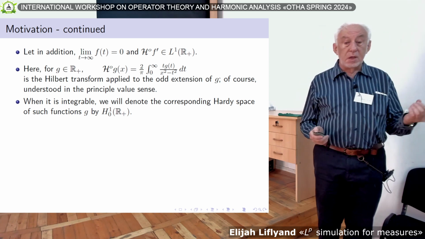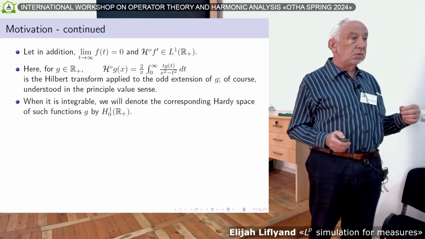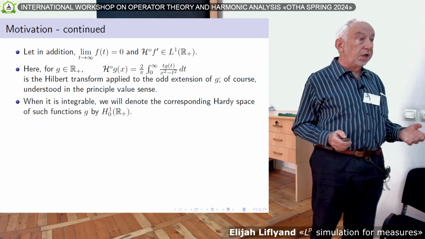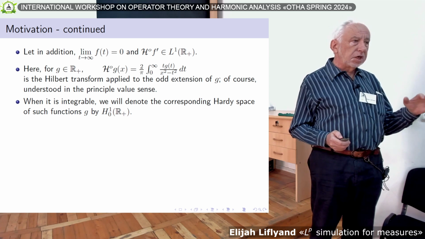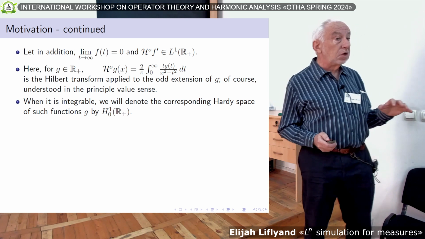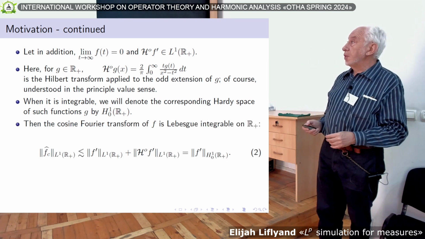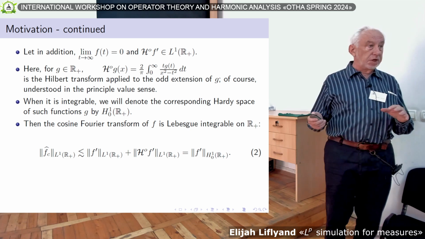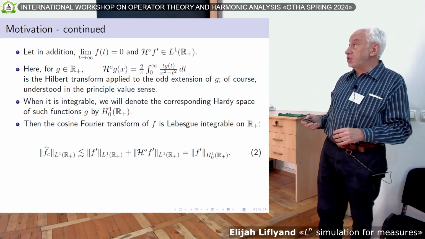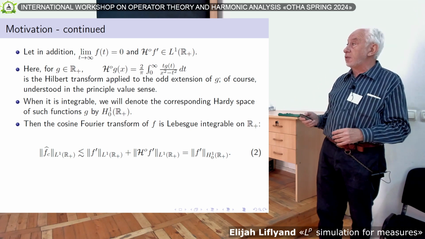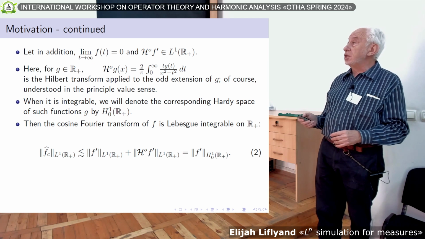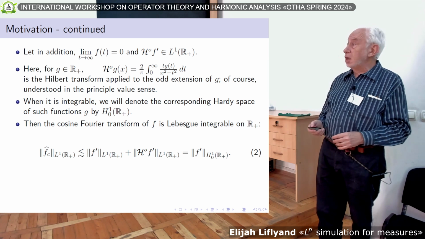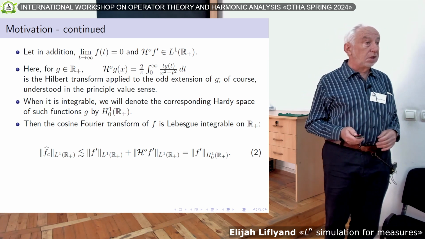And if the Hilbert transform is integrable, we say that we have a real Hardy space, in this case the reduced subspace of only odd functions. So the cosine Fourier transform we started with is integrable, and the L1 norm of the Fourier transform is controlled by, dominated by, the H1 norm of the derivative.